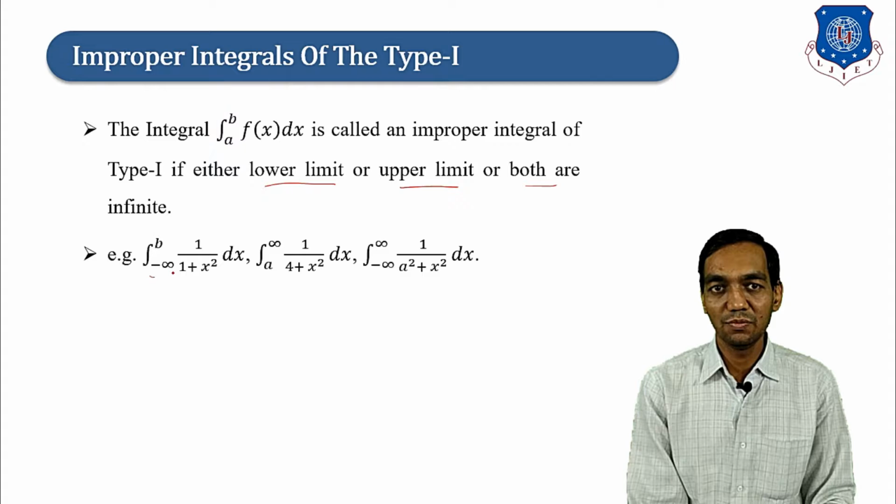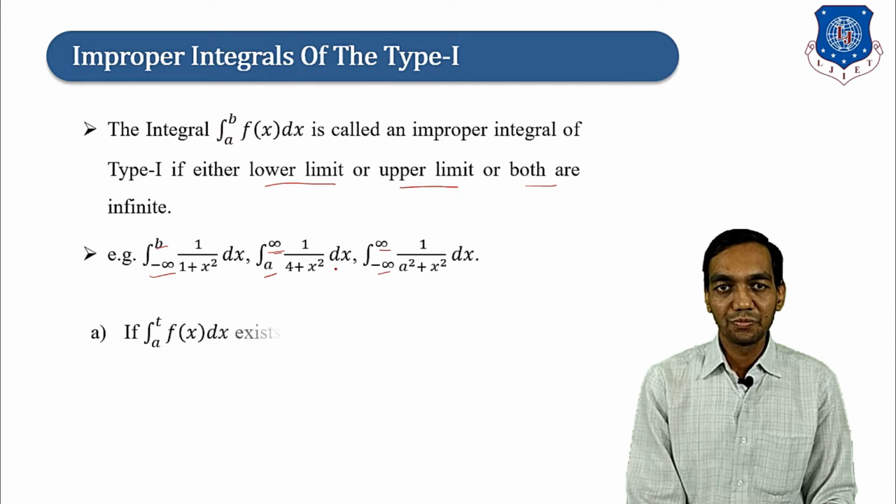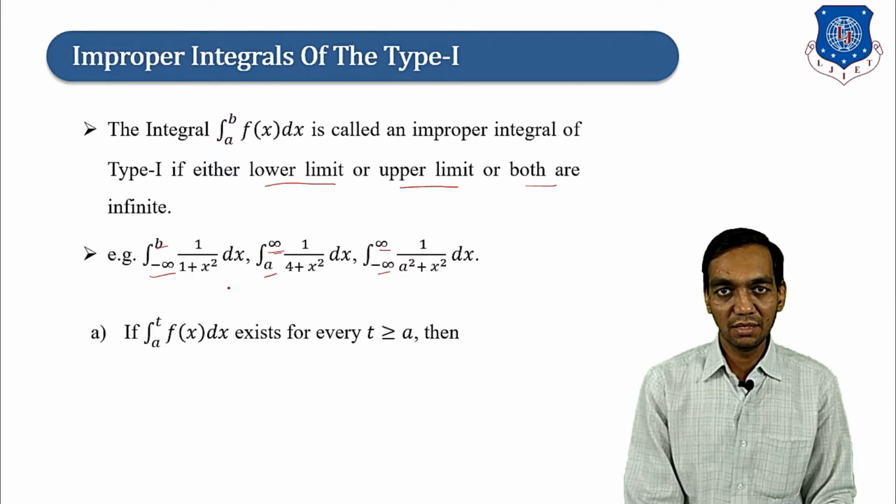Either it is from minus infinity to b 1 upon 1 plus x square dx, or it is from a to infinity 1 upon 4 plus x square dx, or it is from minus infinity to plus infinity 1 upon a square plus x square dx. See, here the lower limit is infinite, here the upper limit is infinite, here both limits are infinite. Okay, so we have three conditions.